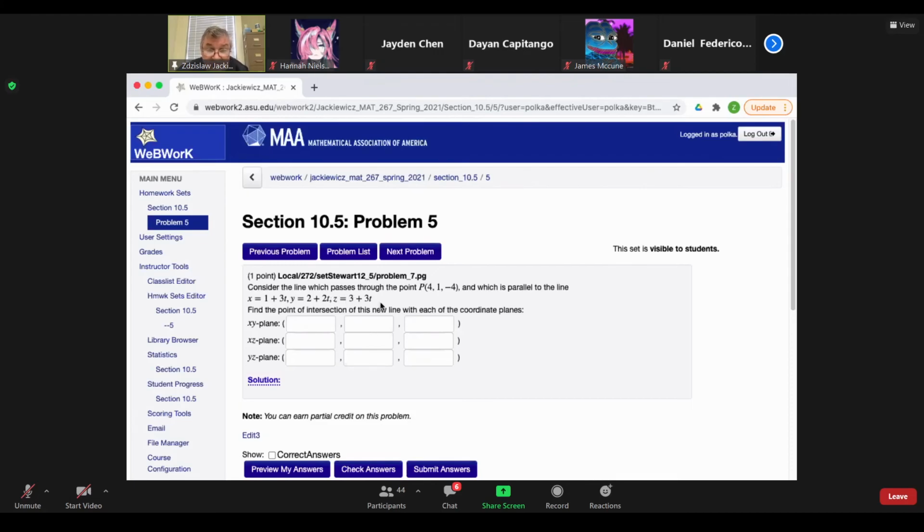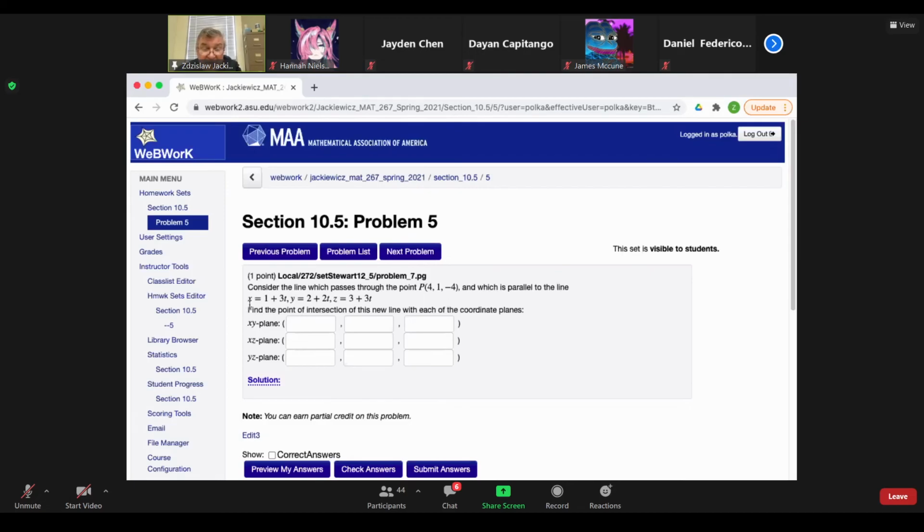Consider the line which passes through the point and which is parallel to the line. Find the points of intersection of the new line with the coordinate planes. So let's maybe only discuss how to find this line. To find the line, you have a point. And what is the direction vector?